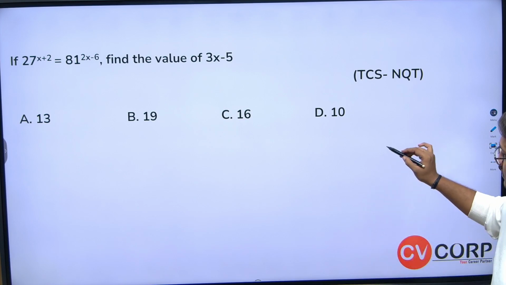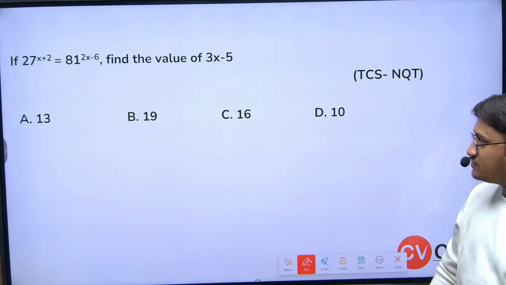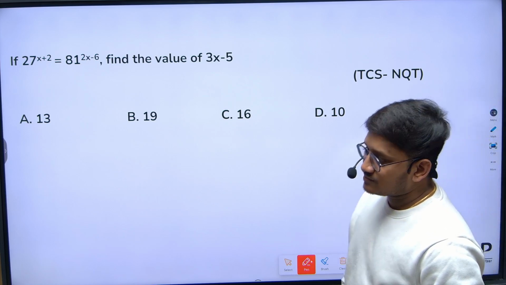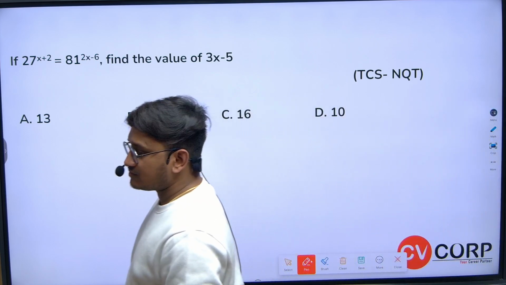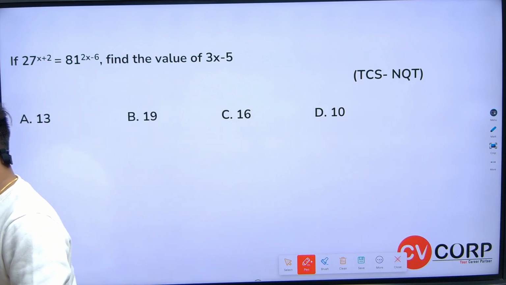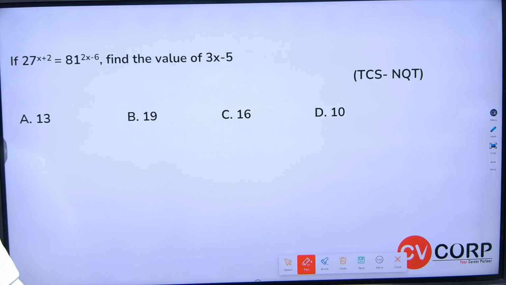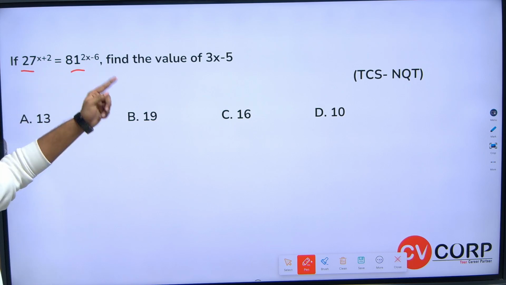Can you try this question? Yeah, exactly. If you observe here, 27 and 81.